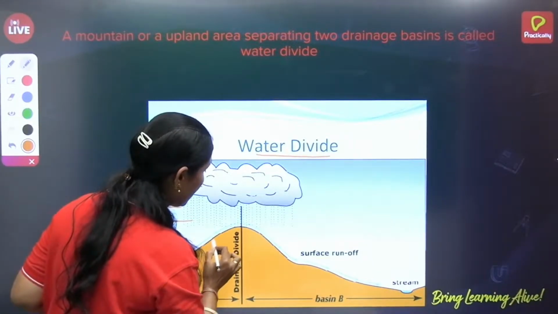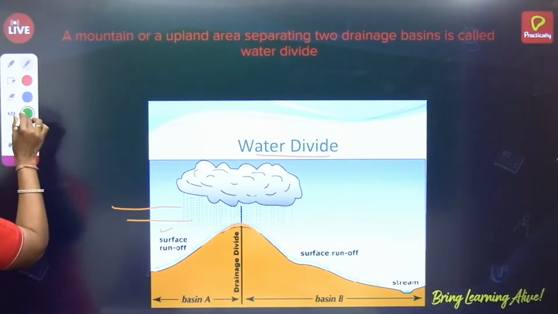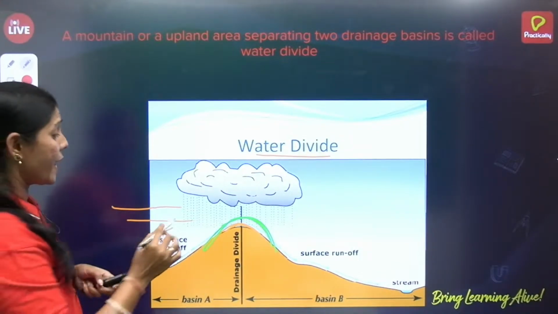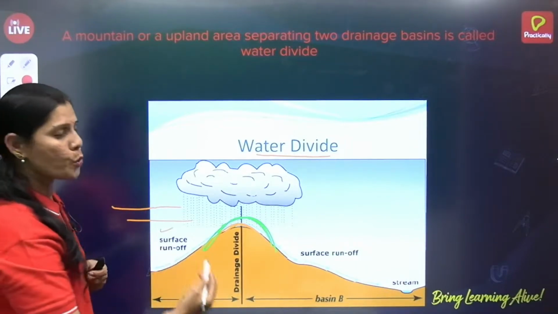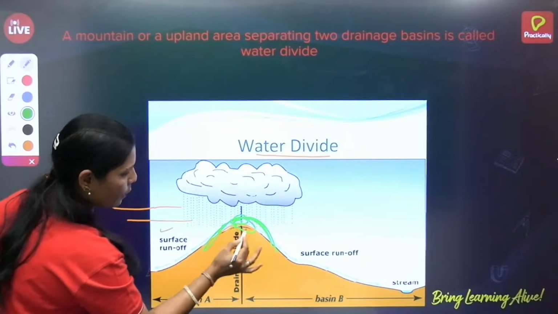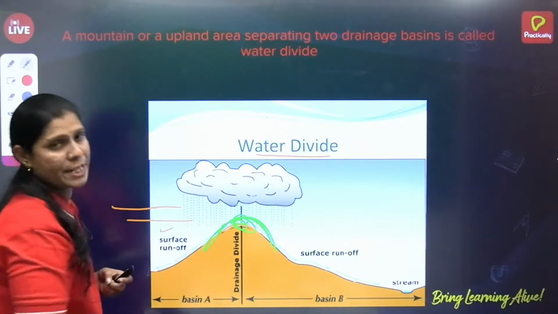That means uplifting land. This uplifting land is dividing the two basins, two river basins.